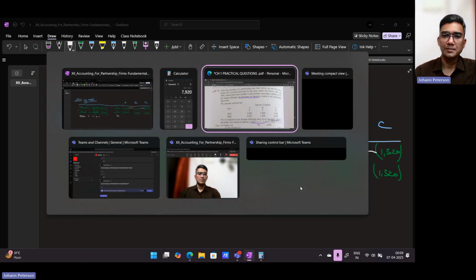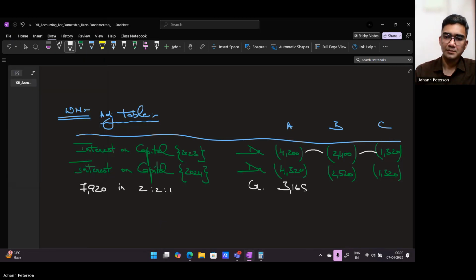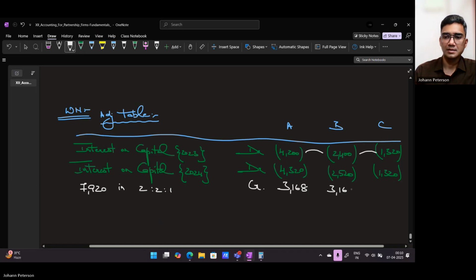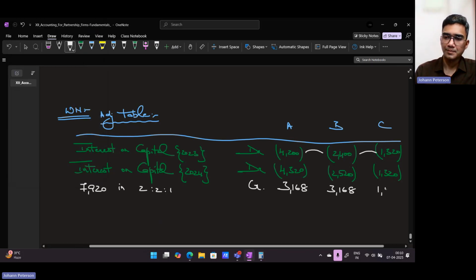So 7920 into 2 divided by 5, which is 3168. Next, again 3168, and then 3168 divided by, because it is half, so 1584.